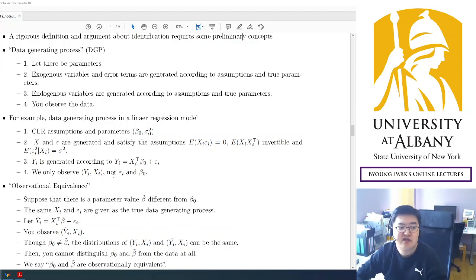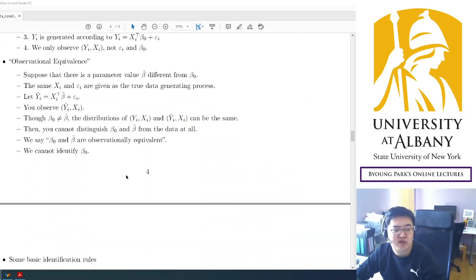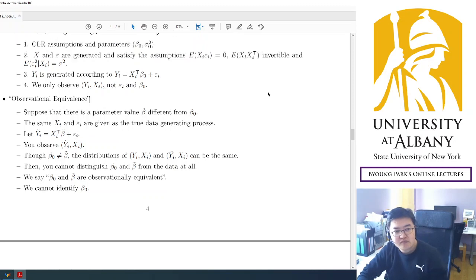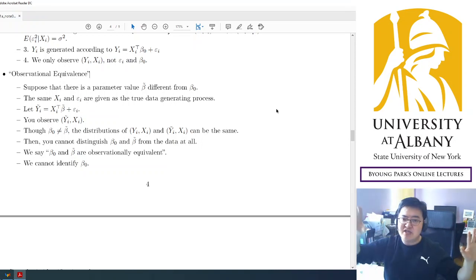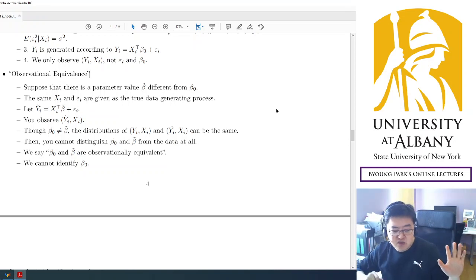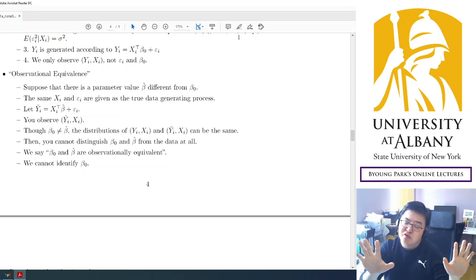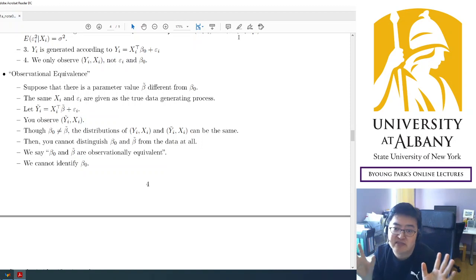It's intuitive, just terminology. And what's more important, and more confusing, is the concept of observational equivalence. Imagine there are different data generating processes, which means different parameter values, say beta equals 1 and beta equals 2. So those two are different data generating processes.